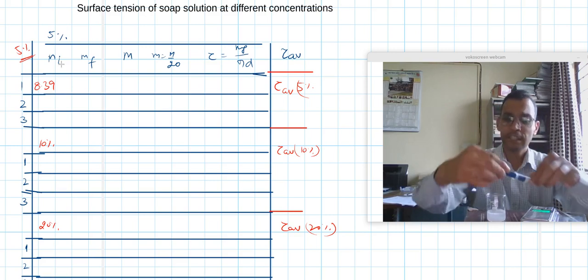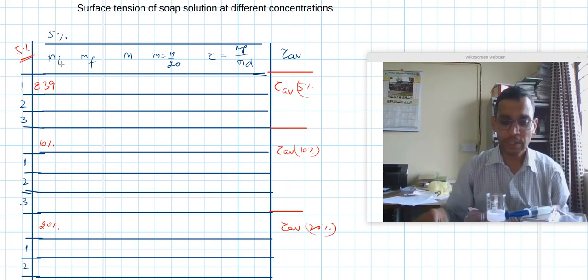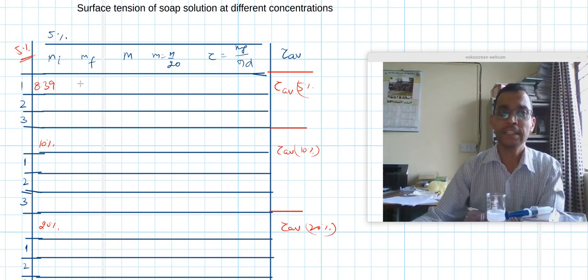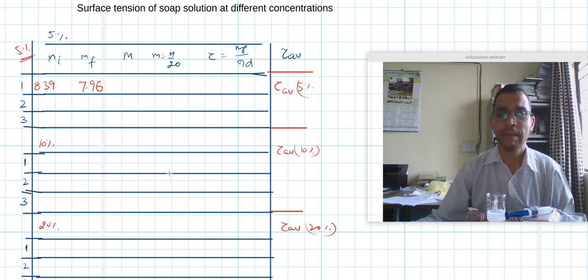Let us weigh it again. Its weight is now 7.96. I will repeat this experiment with 10% concentration, then 20% concentration, and let us see what happens to the surface tension with the concentration of the soap solution.